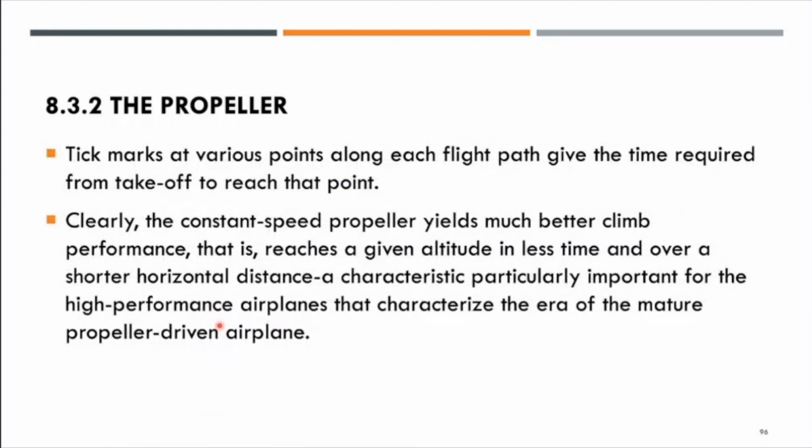It reaches a given altitude in less time and over a shorter horizontal distance, which is a characteristic particularly important for the high performance airplanes that characterize the era of mature propeller-driven airplanes.